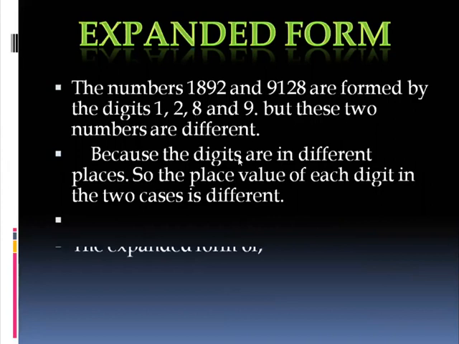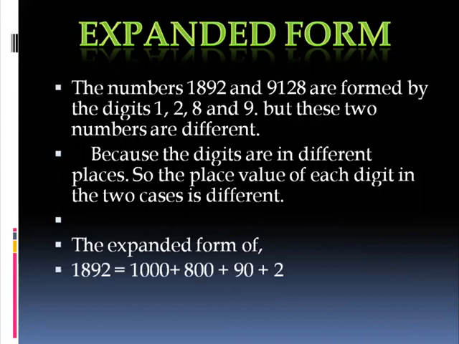Okay. See, the expanded form of 1892 equals to, how can we write this number in expanded form? See, 1 is in the 1000 place, so we will write it as 1000. The place value of 1 is 1000.